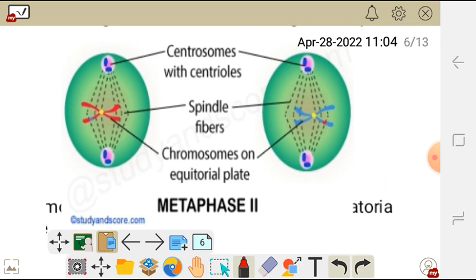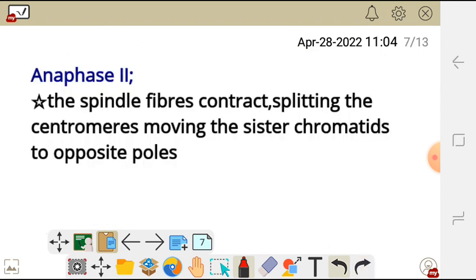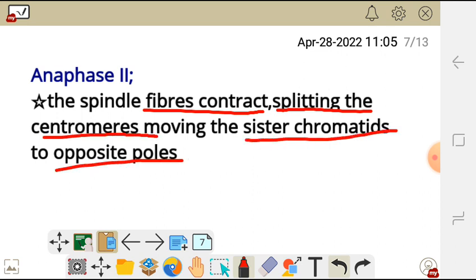Then the cell will proceed to Anaphase 2 after the spindle fibers have been attached. During Anaphase 2, the spindle fibers contract. When they contract, they split the centromeres, moving the sister chromatids to opposite poles.